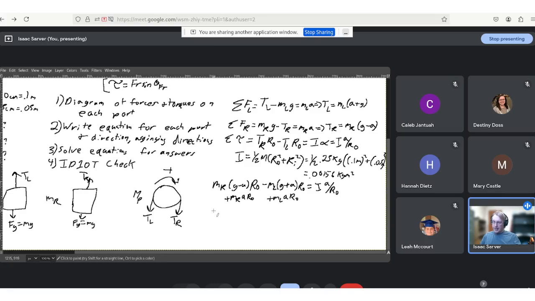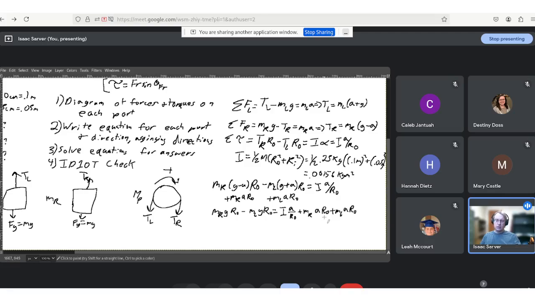And so we end up with M_R G R outer minus M_L G R outer is equal to I alpha on R outer plus M_R A R outer plus M_L A R outer.